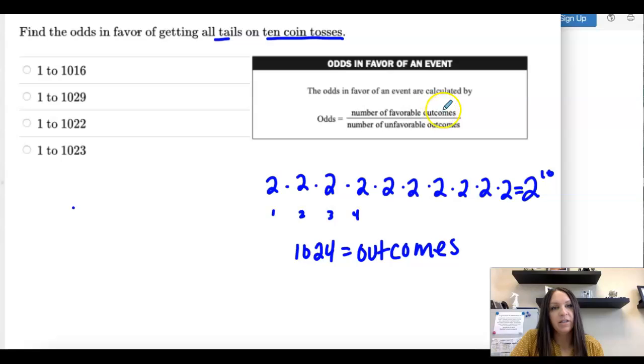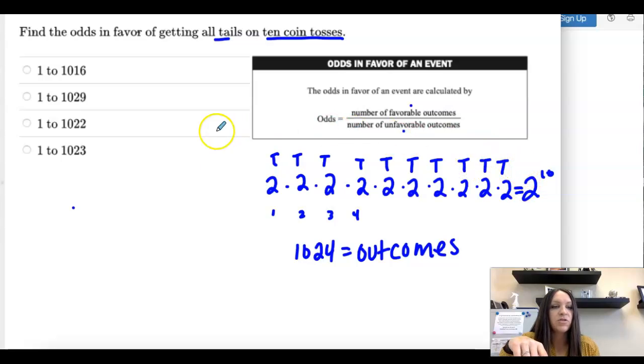So for my fraction, I need to look at the favorable outcomes and then the unfavorable outcomes. What I'm looking for is all tails. There's only one way to get that because it's all the same. So my number of favorable outcomes is 1. And how many unfavorable? Well, I'm going to take that 1 away from my total outcomes.